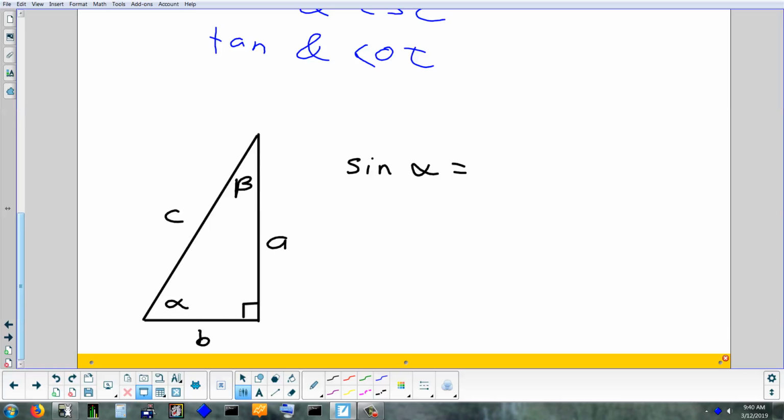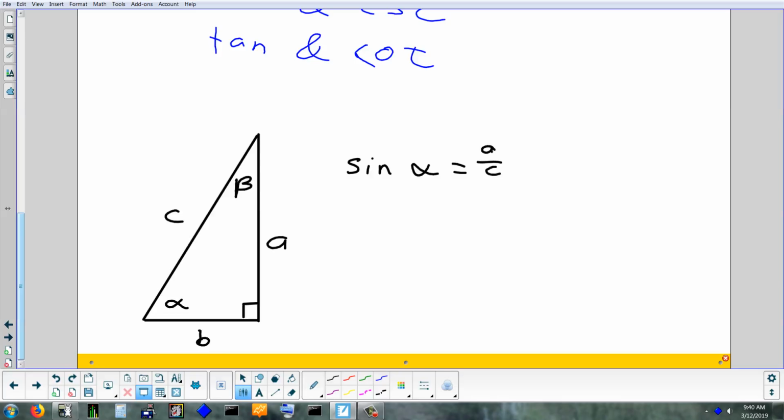We did it earlier. I wrote down all six trig functions and I said sine equals, and then I wrote a fraction of two things. Opposite over hypotenuse, yes. So it's A over C.